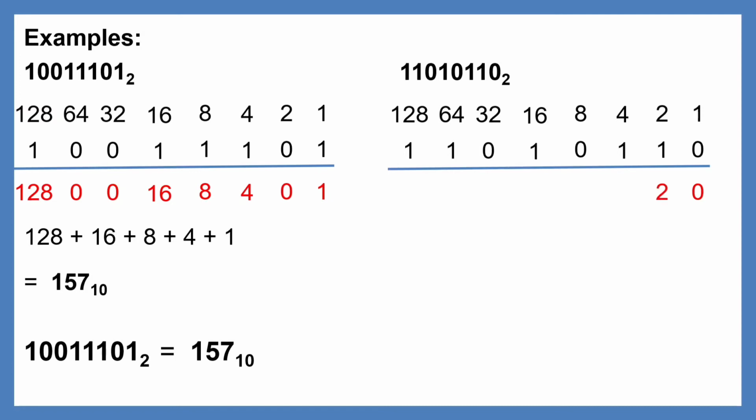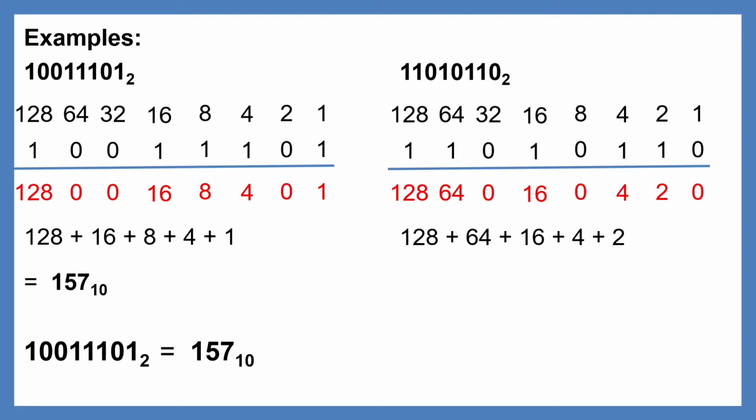Below 1 is a 0, so there's no need to write the number 1. Since 2 has a 1 bit, you're going to write 2. Then 4, because it has a 1 bit, then 0, then 16, then 0, then 64, and then 128. Then we're going to add all the powers of 2 that have a 1 bit.